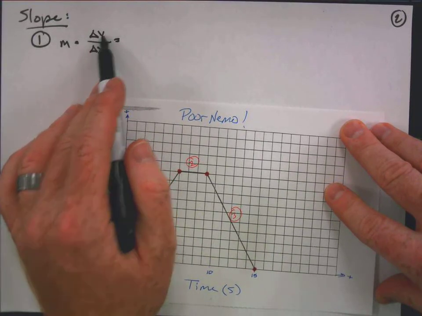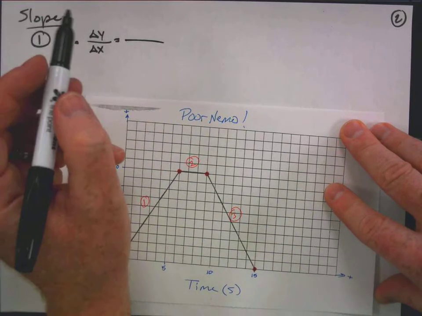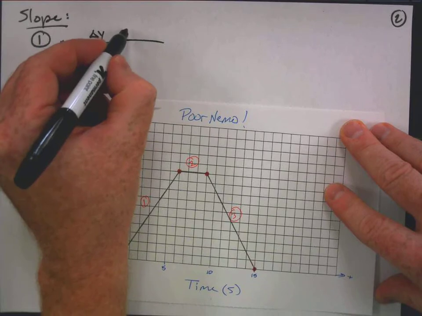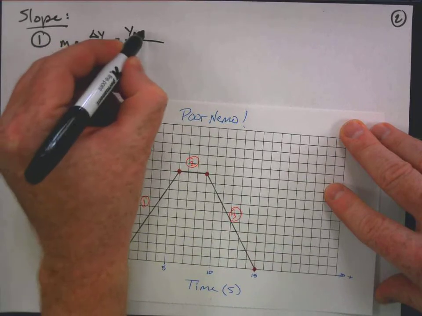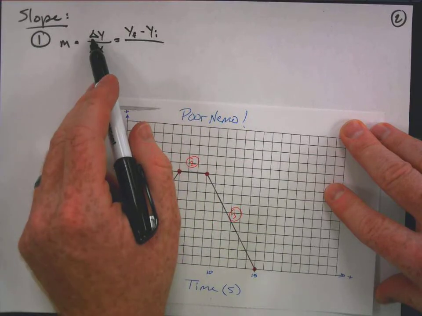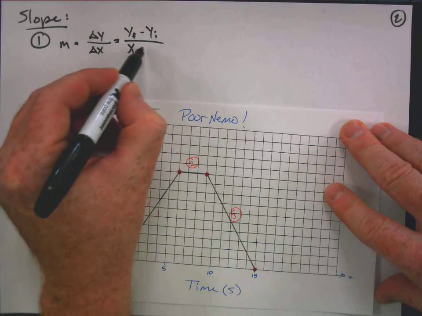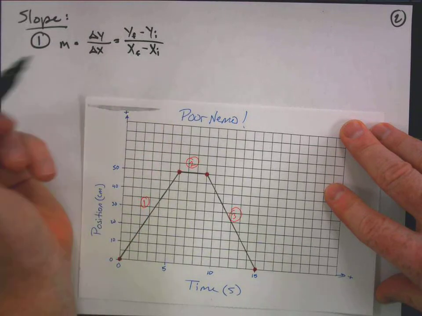So change in y or change in x. But when you want to find it, you have to take final minus initial values. So the final y value minus the initial y value. That gives you the change in the y values. Same thing with x. We have a final x value minus an initial x value.